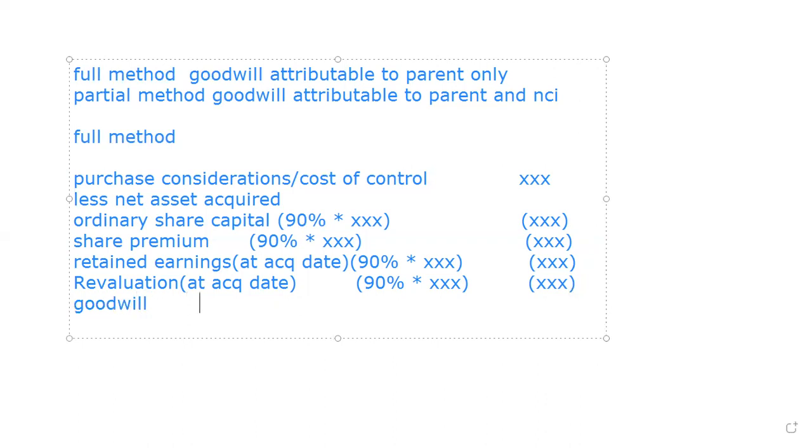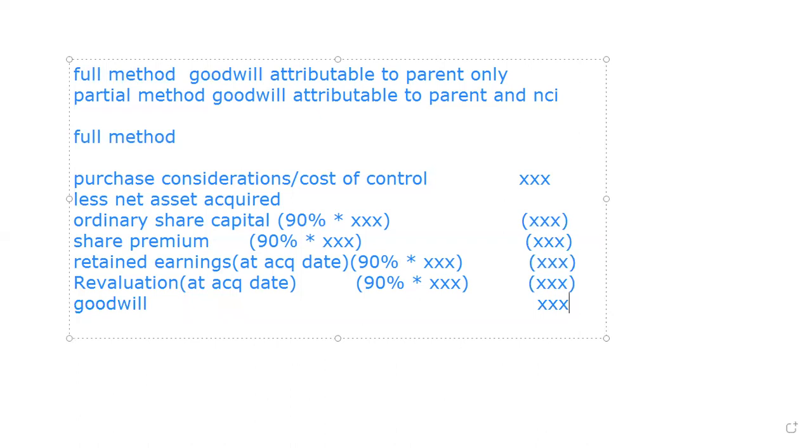Once you subtract the ordinary share capital, share premium, retained earnings and revaluation reserve from the cost of control, you get the goodwill. But remember, these are not the only things that will be affected here. When we have dividend paid by the subsidiary company, the pre-acquisition dividend will affect the cost of control.